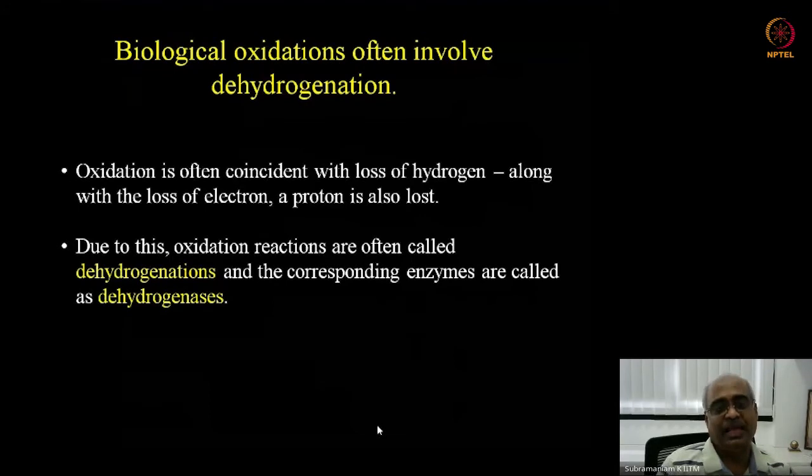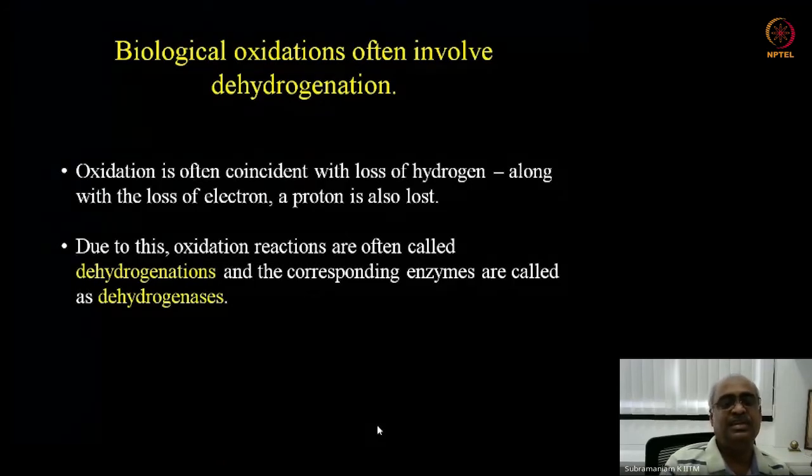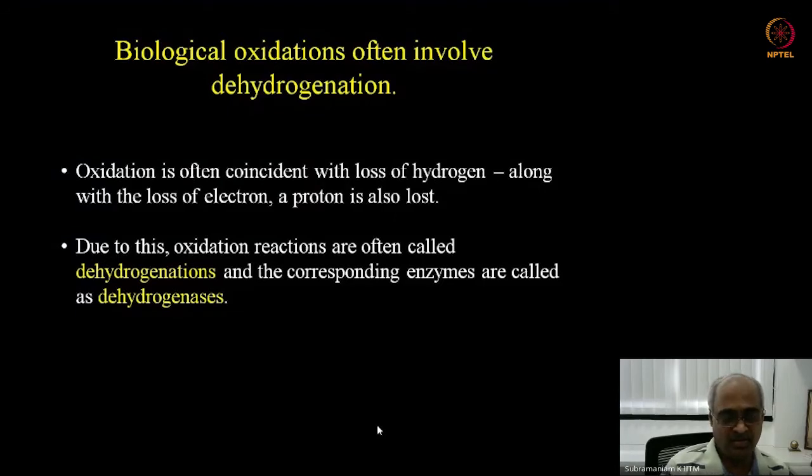Okay, so now we will actually go into seeing the biological oxidations and reductions one step at a time. The actual reaction will take still a few more lectures. So we just make a beginning here. So oxidation is often coincident in biology with the loss of hydrogen.